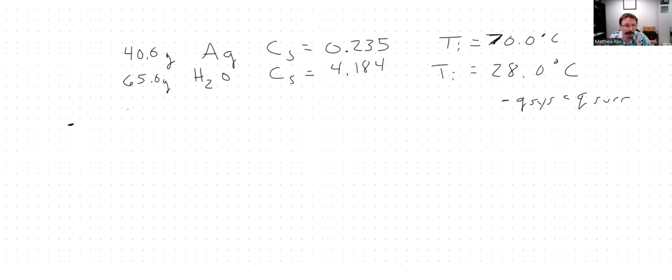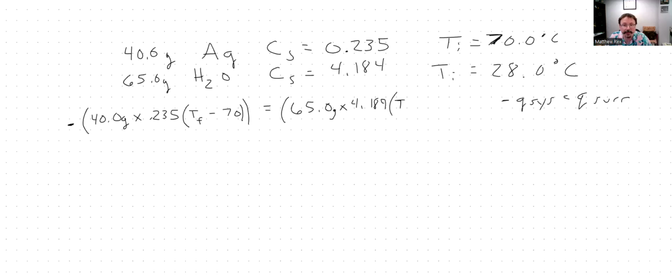However much energy the system loses, the surroundings would have to gain that. So I'm going to have a negative in front of my Q, mCΔT, here for silver. We don't know the final temperature, but we do know the initial temperature. And that's going to be equal to positive mass of the water times its specific heat times its final temperature, which we don't know, but which is the same final temperature as the silver.